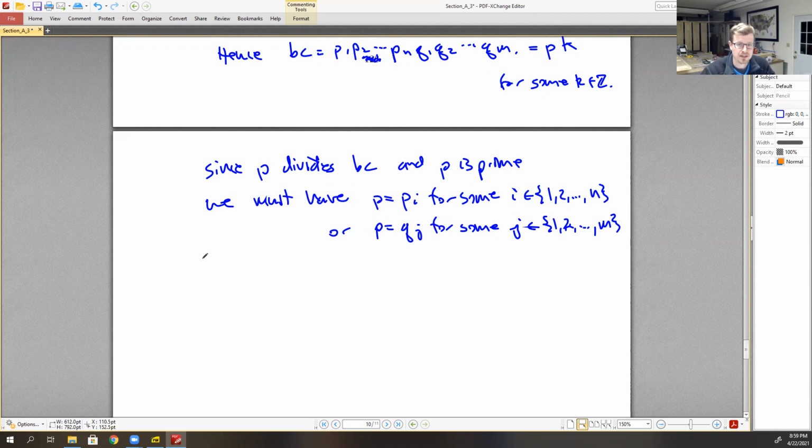Okay, so this gives us two cases. Case one, if P equals Pi for some i in the set of numbers 1 through n. I don't know which one it is, but i is one of those, telling us that P is one of these P values.